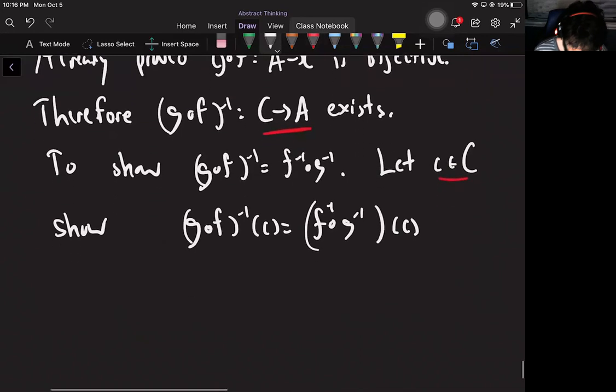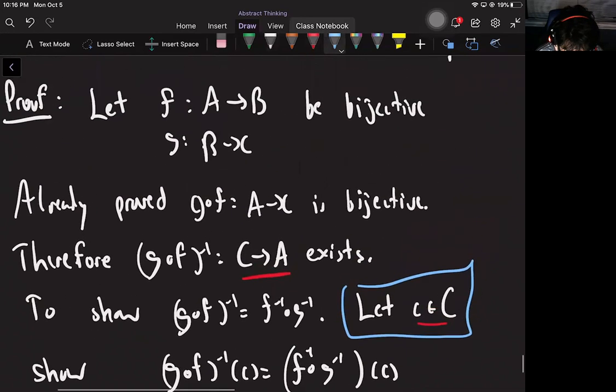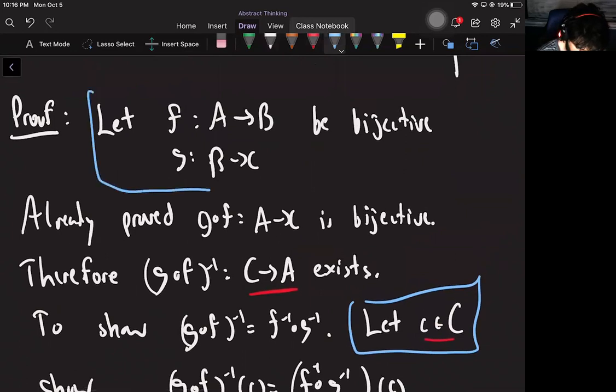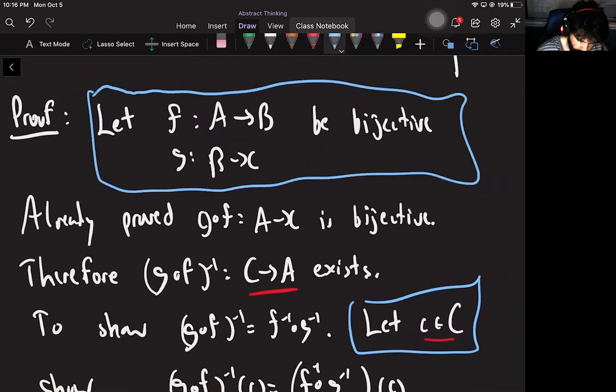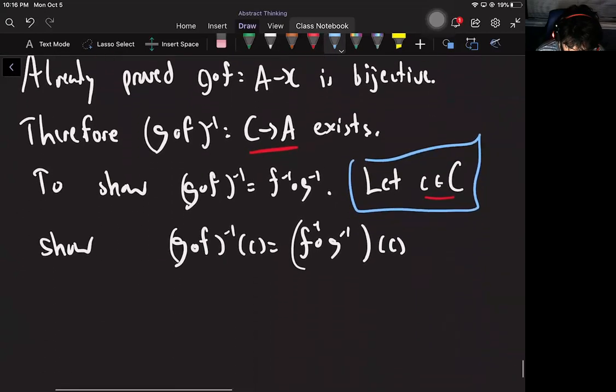Okay, so how do we go about this? Well, the only information I have to start with is that C is an element of C. But I got all this other stuff that I've assumed. I know that both of these guys are bijective. Well, I can immediately use that G is bijective.